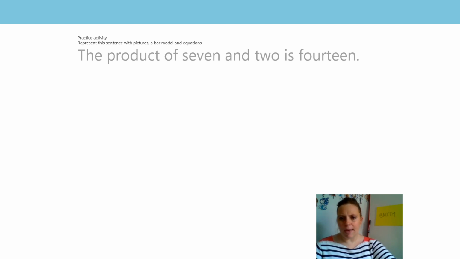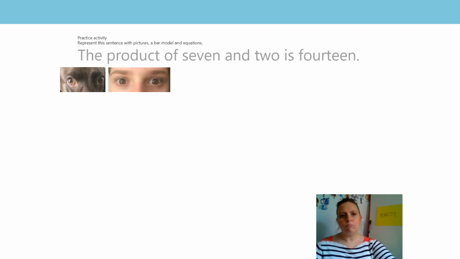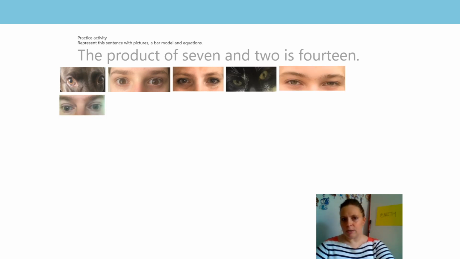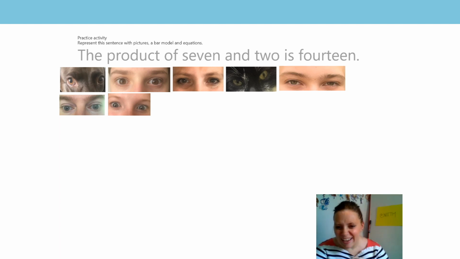And eyes come in pairs, come in twos. 1 lot of 2, 2 lots of 2, 3 lots of 2, ooh, they're mine, 4 lots of 2, 5 lots of 2, 6 lots of 2, 7 lots of 2. 7 is a factor, 2 is a factor, and the product is 14. Did you notice? Not all the eyes there are human. My cat and dog are there as well.